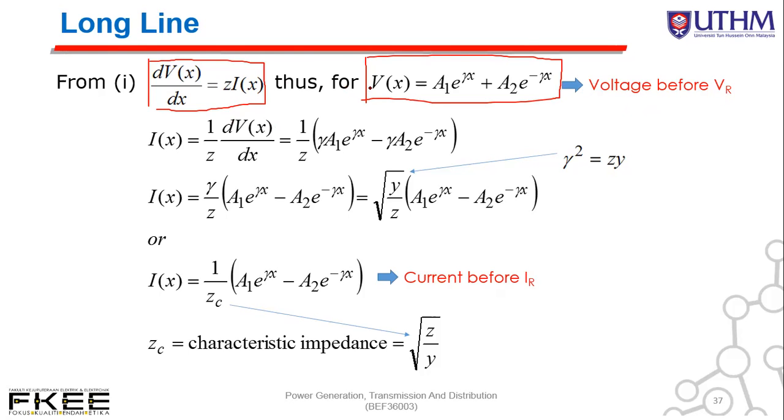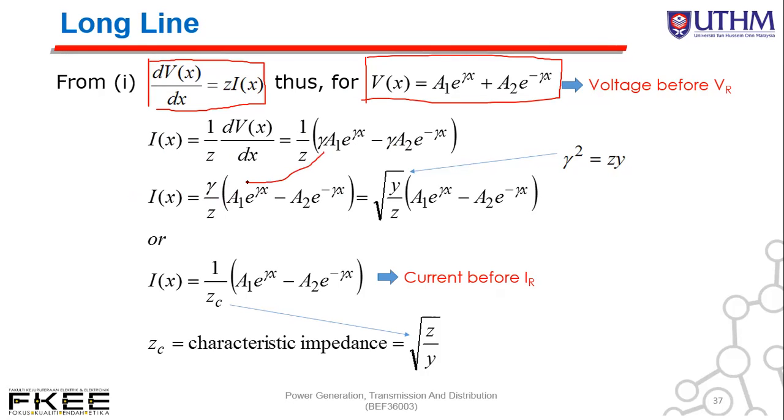So for this we can get Ix equal to 1 over Z dVx over dx, equal to 1 over Z times γ A1 e^(γx) minus γ A2 e^(−γx), while Ix equal to γ over Z.